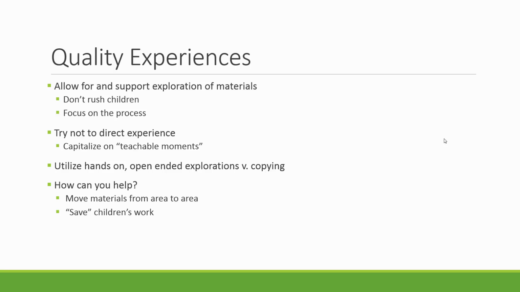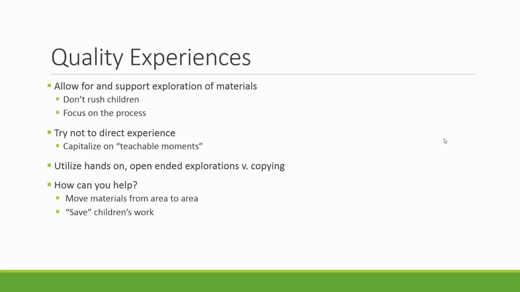The other thing we want to do is focus on the process. I know we talked a little bit about this in product versus process art, but this goes for any of the visual arts and not just the creative arts.